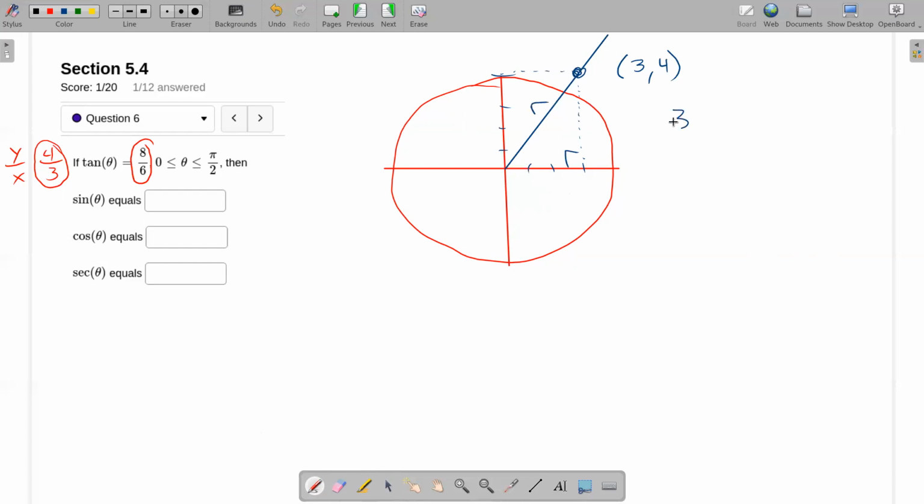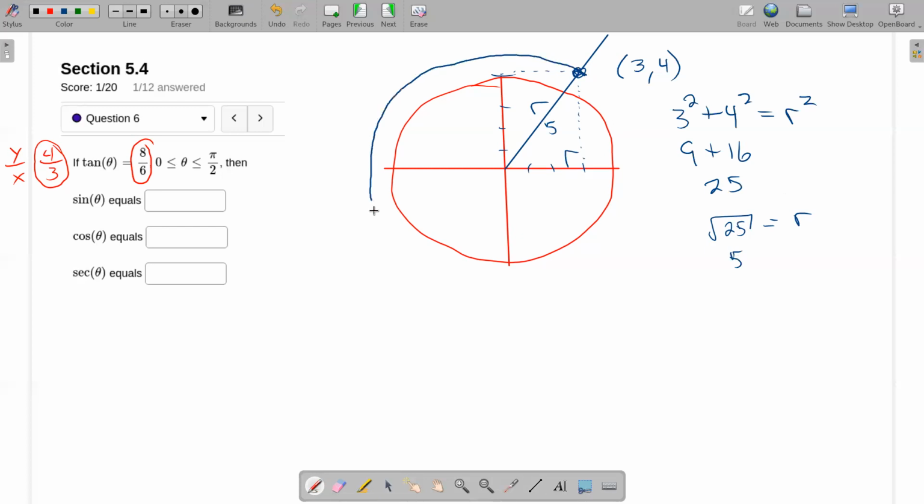And so like before, 3 squared plus 4 squared, yeah, this isn't really much different than I did before, equals r squared. 9 plus 16 is 25. So then r has to be the square root of 25, which is 5. So to get to that point up there, I want a radius of 5. So that gives me a slightly bigger circle than I drew the first time. This circle out here is my circle.